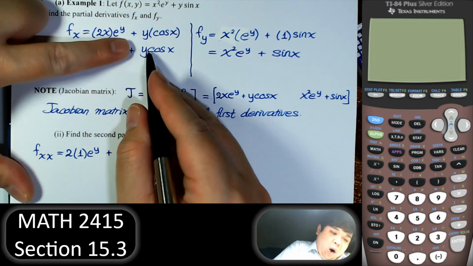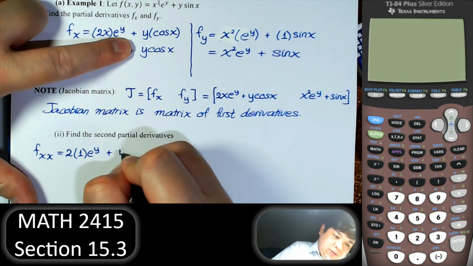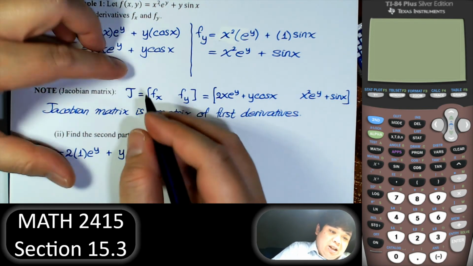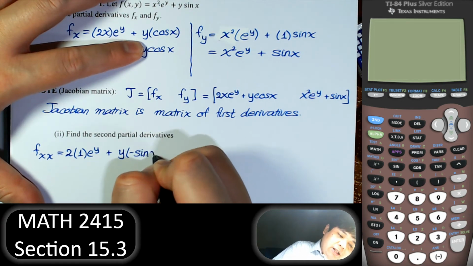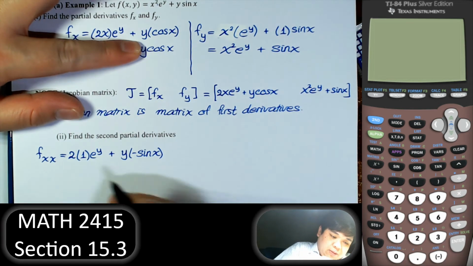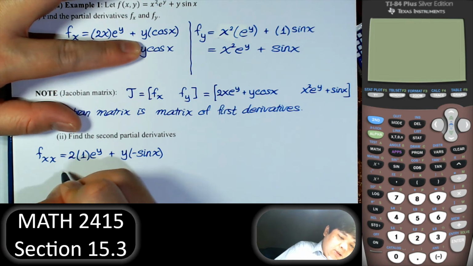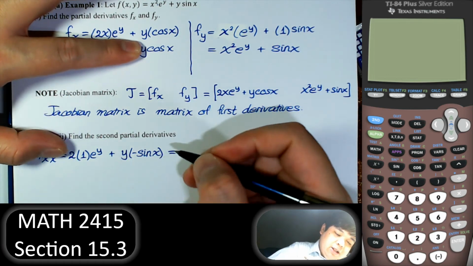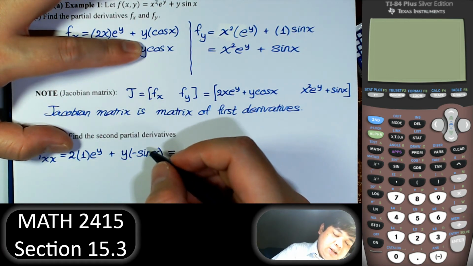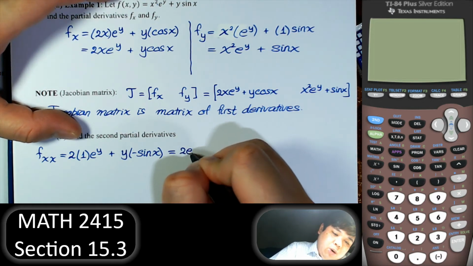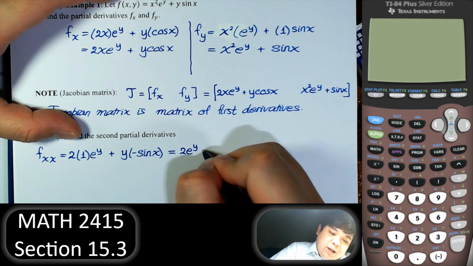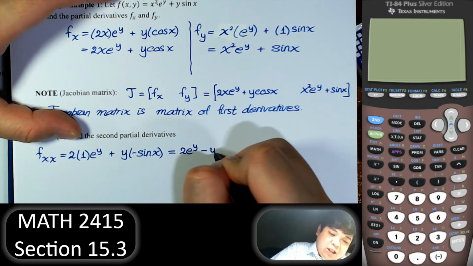Next, y is constant with respect to x, right? Derivative of cosine of x is negative sine x. So that gives us 2e to the y minus y sine x.